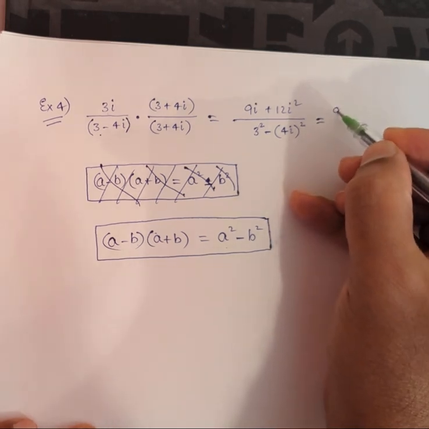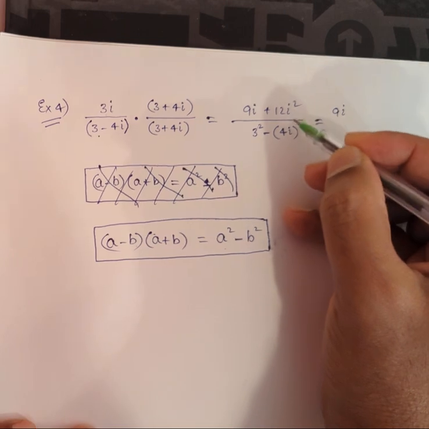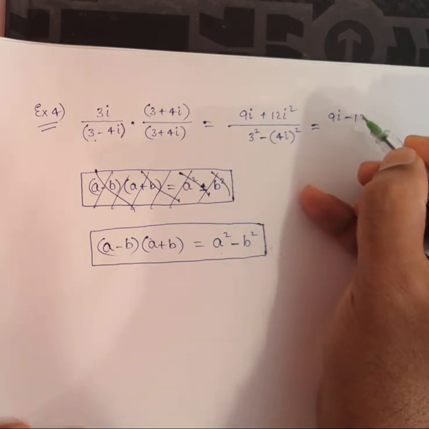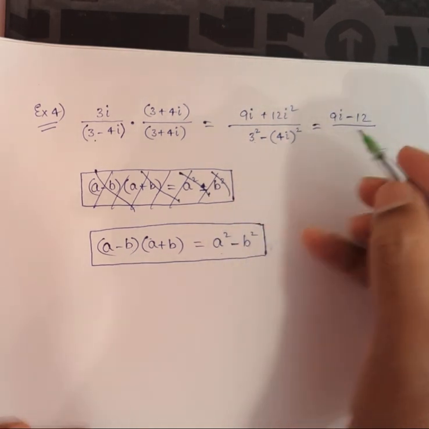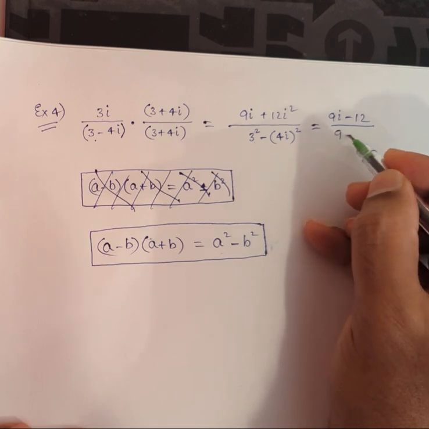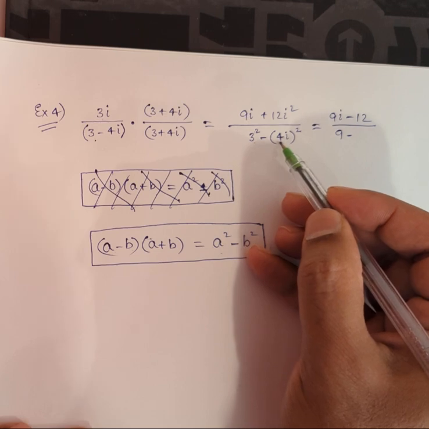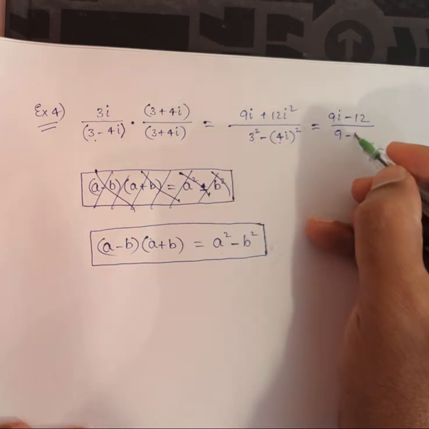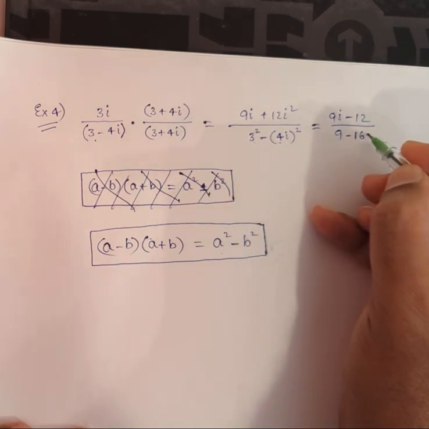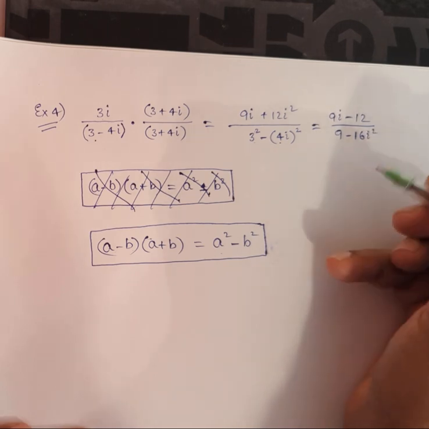So it's going to be 9i plus 12i square becomes minus 12 over 9 minus... Now remember, if I have to square 4i, I've got to square both 4 and i. So 4 square is 16, i square is just i square.